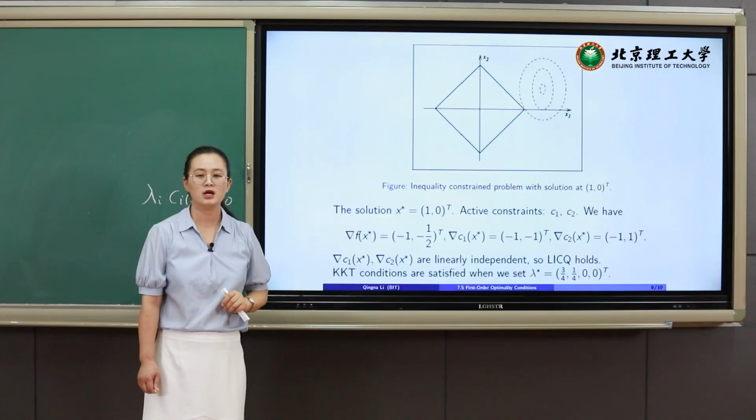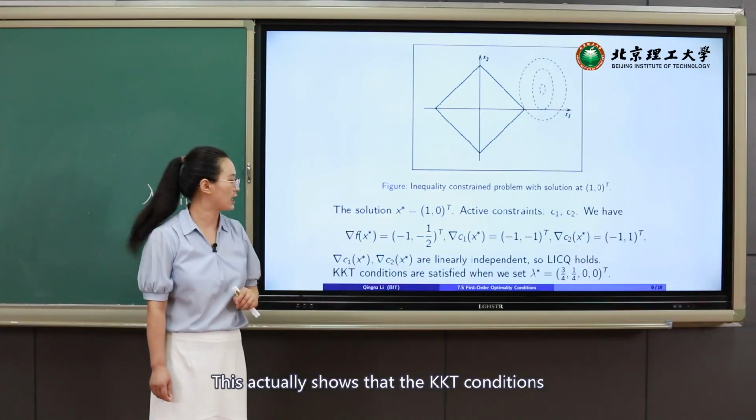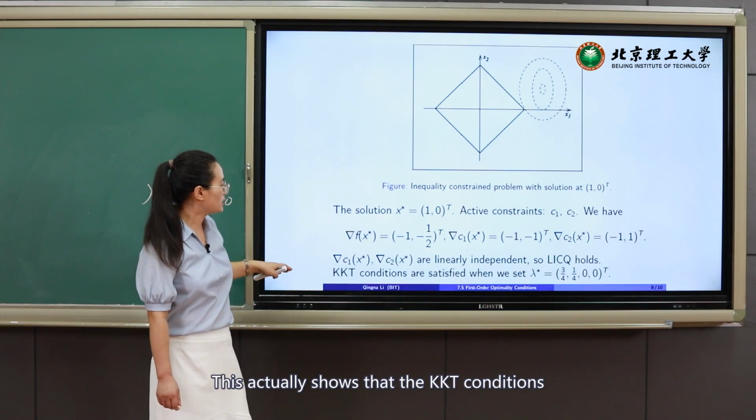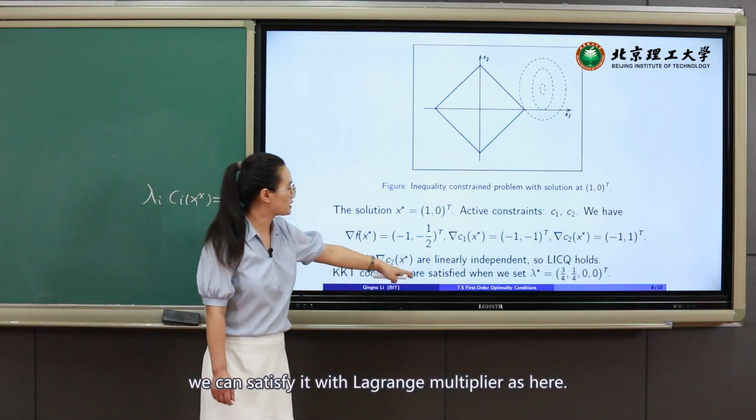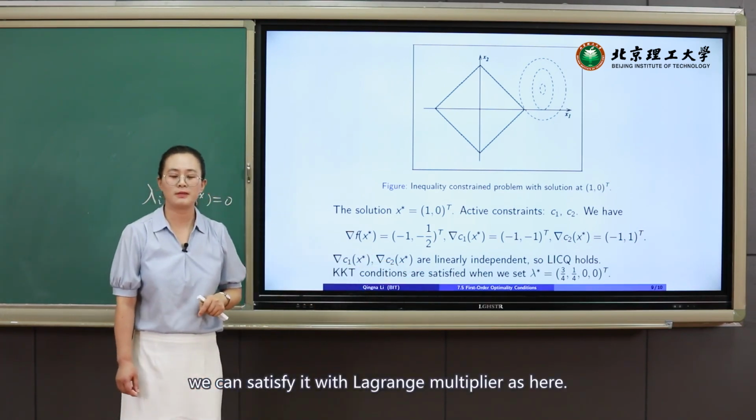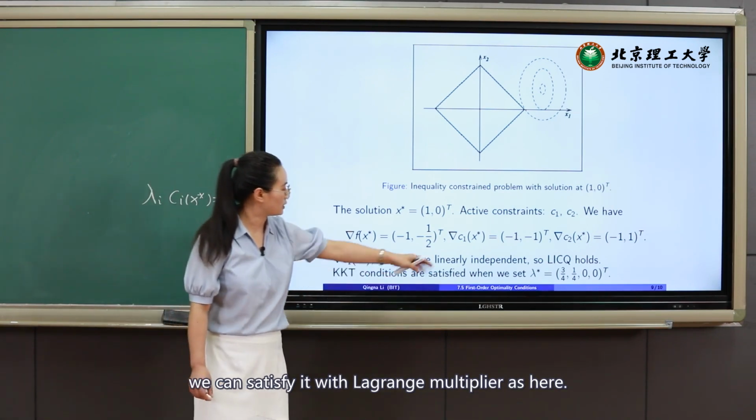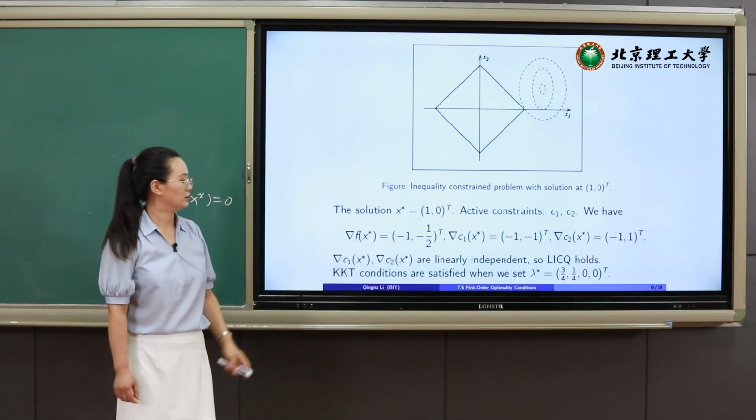All right, so this shows that the KKT conditions are satisfied with the Lagrange multiplier as here.